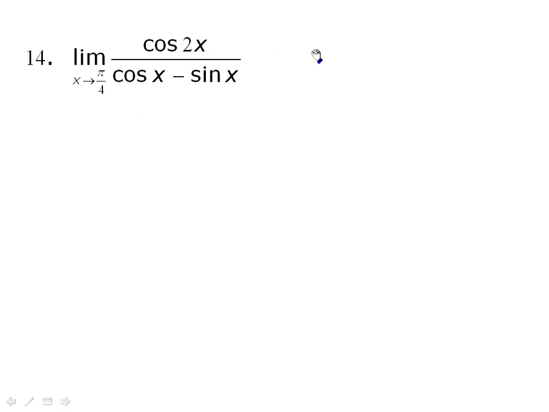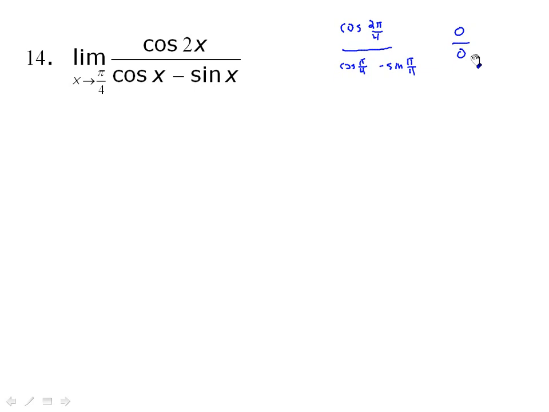Now, if you plug in pi over 4 to substitute it, you get the cosine of 2 pi over 4, which is pi over 2, over top of cosine pi over 4 minus the sine of pi over 4. And this is cos of pi over 2, on top, which is 0. And then cos of pi over 4 is 1 over root 2 minus 1 over root 2, so also 0.